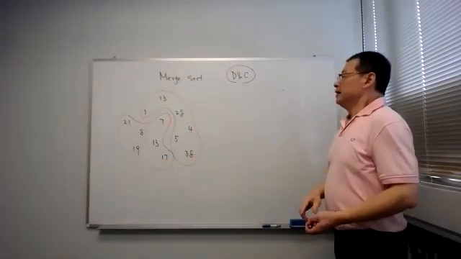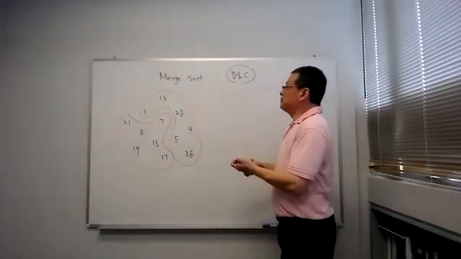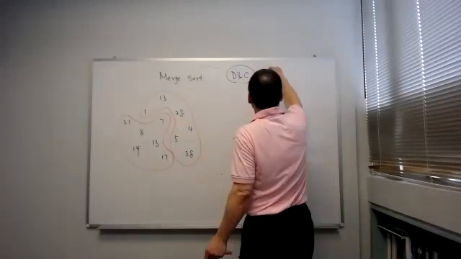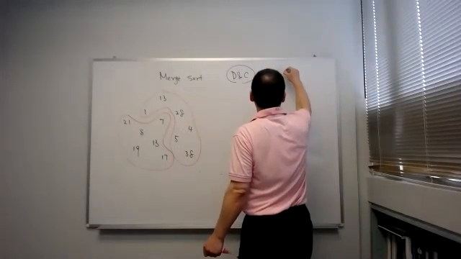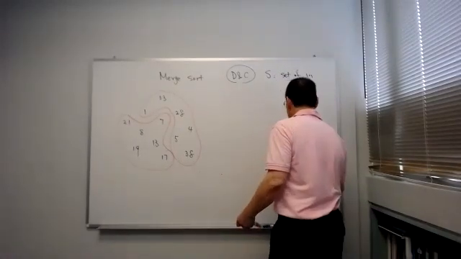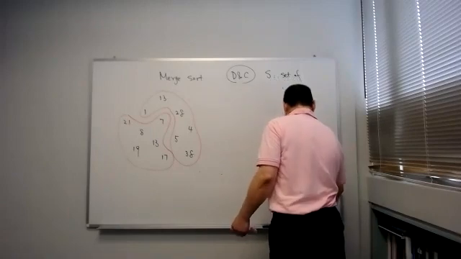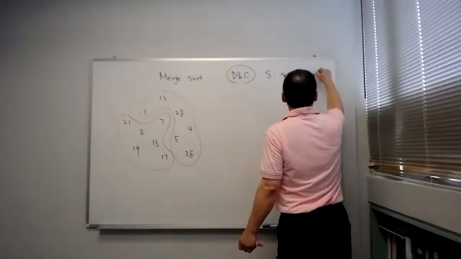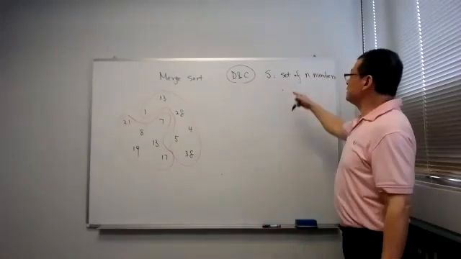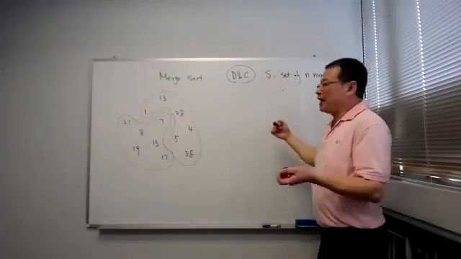All right. Now, in order to merge sort these n numbers, so it's a set of n numbers, we evenly divide this set into 2 parts.